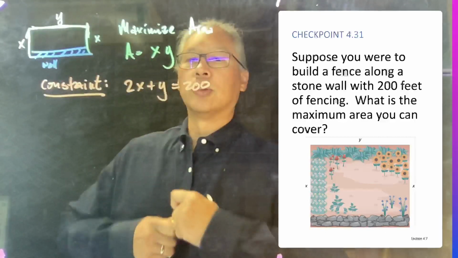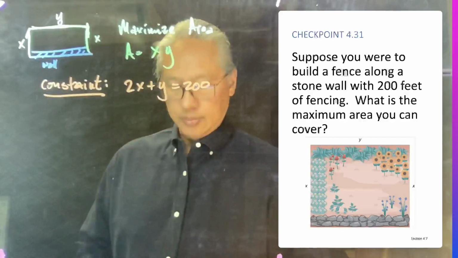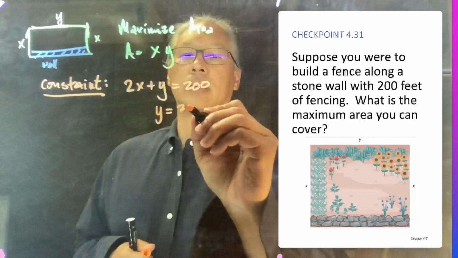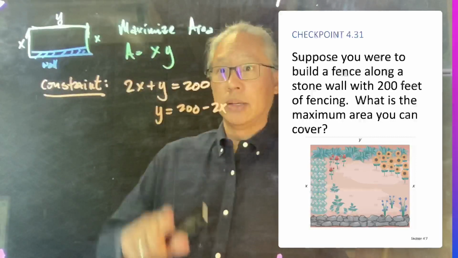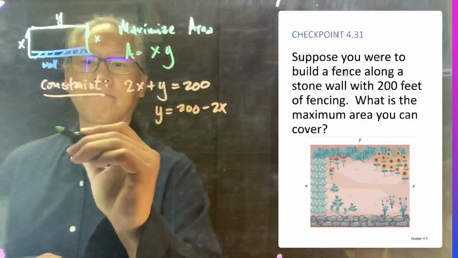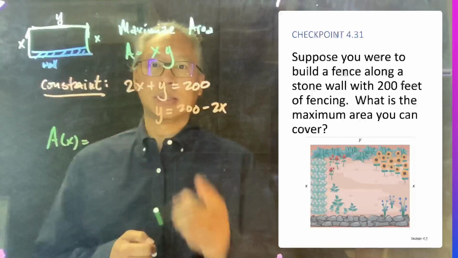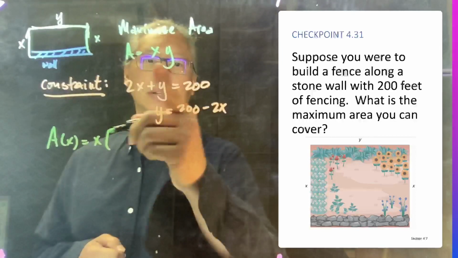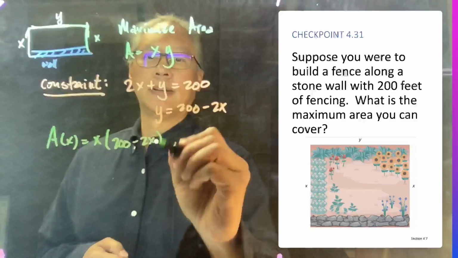So if we solve for y here, for example, say y is going to be 200 minus 2x, then we can replace this function so that it's only a function of one variable x, and then y is equal to 200 minus 2x.